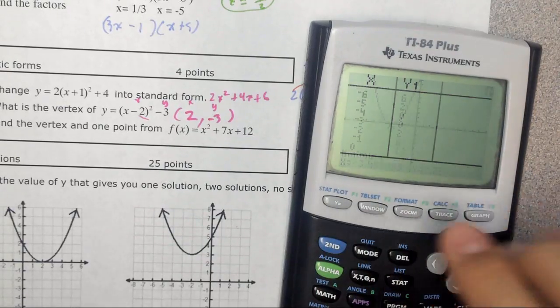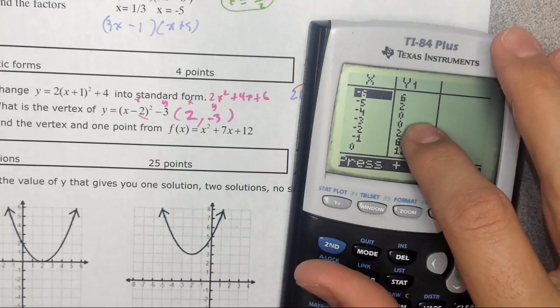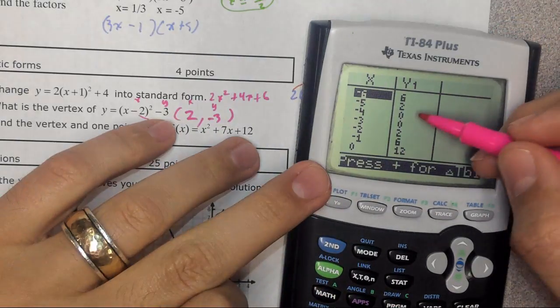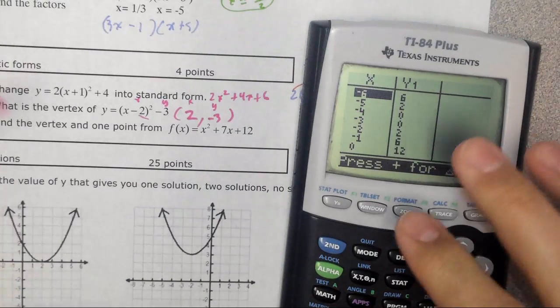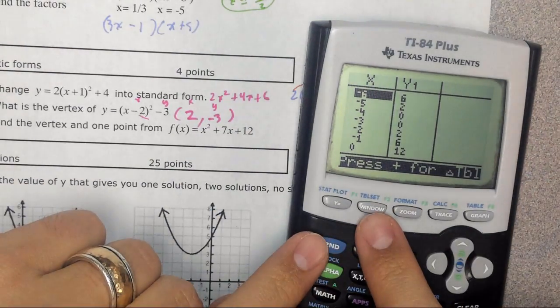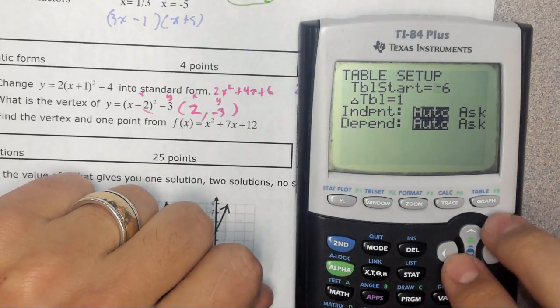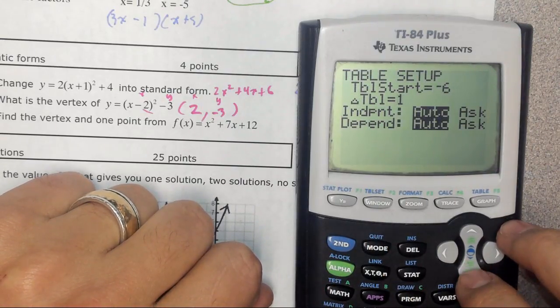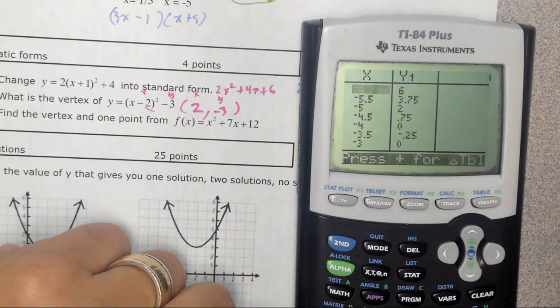Other point, now usually you'll be able to find it from the table, just the one lone number in the middle of repeating numbers. So I know it goes in here, just not showing up in the graph. I could change my table set. I can set up my table, blue window, and I can change this to 0.5, 1/2, and then look at the table.